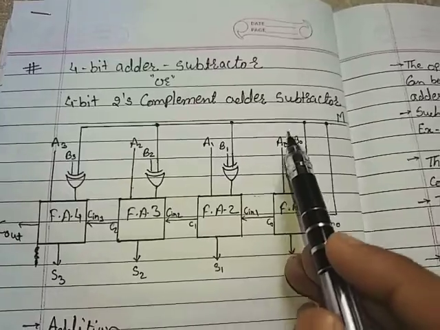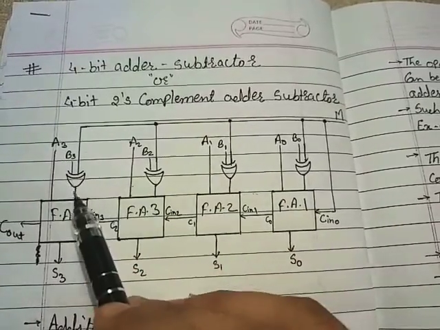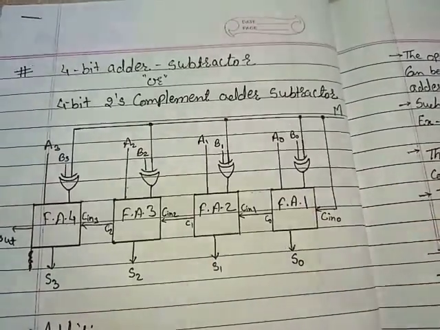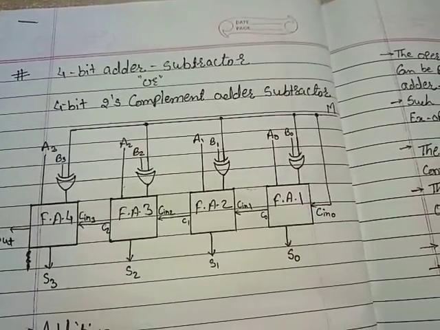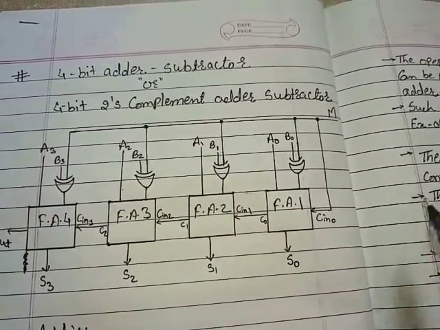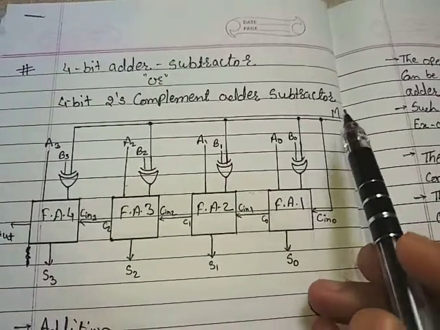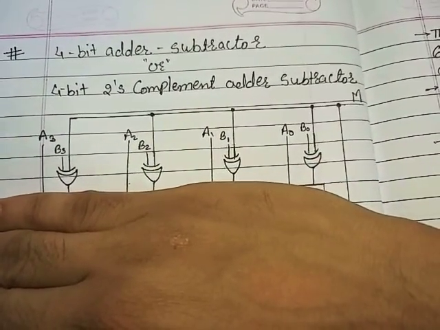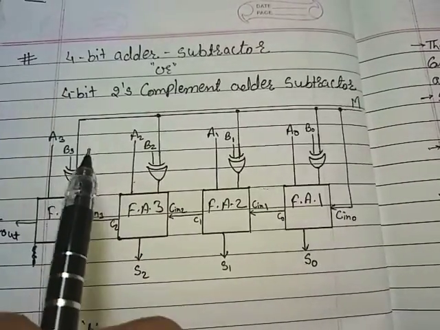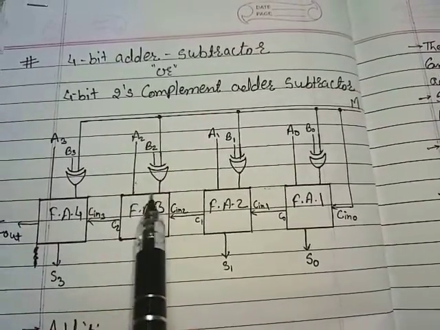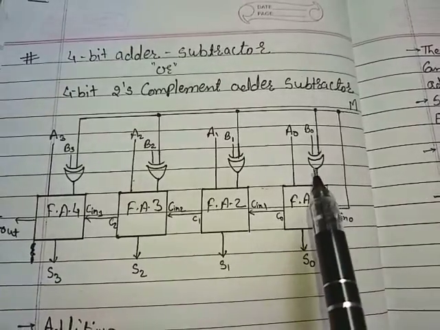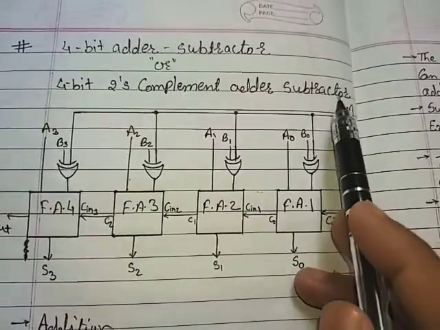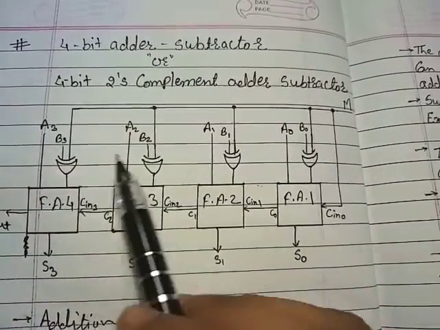Now, the B input passes through an XOR gate with M, that is the mode control line. If I cover everything except the B portion, it is similar to a controlled inverter, with one common input to all, so it becomes a controlled inverter.